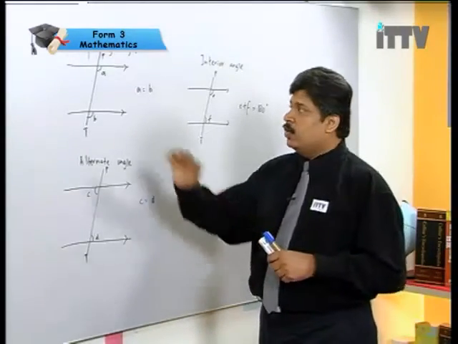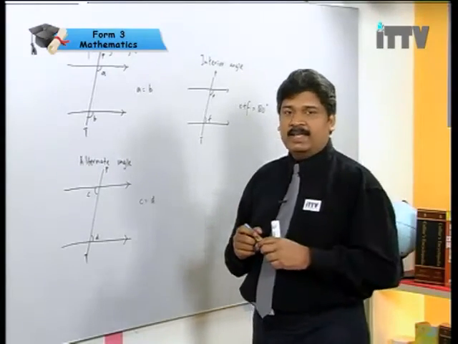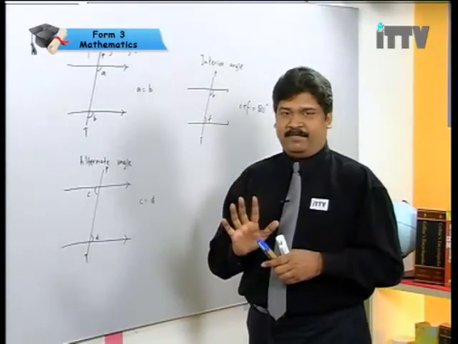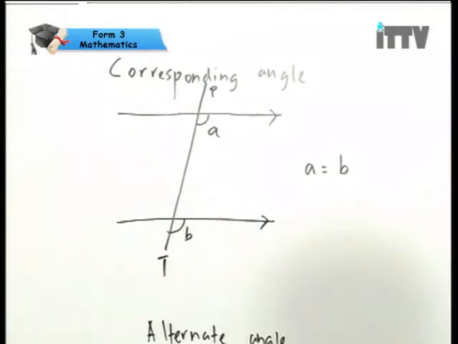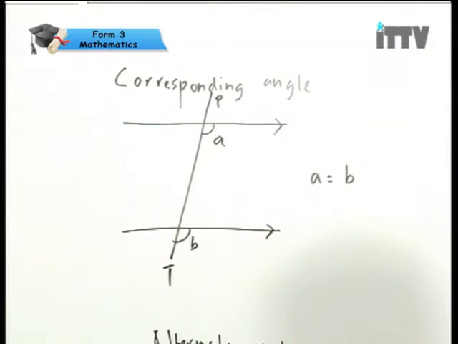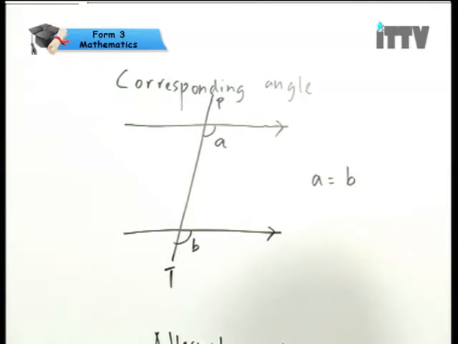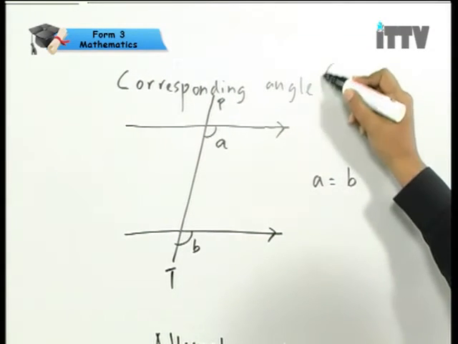When you talk about corresponding angles, what you need to find is the letter F. So therefore, boys and girls, in order for me to find corresponding angles, we need to find the alphabet F. Of course, you may not find this in your regular textbooks, but this is my creation for you so that mathematics becomes easy. When you find the letter F, let me put this down for you first.